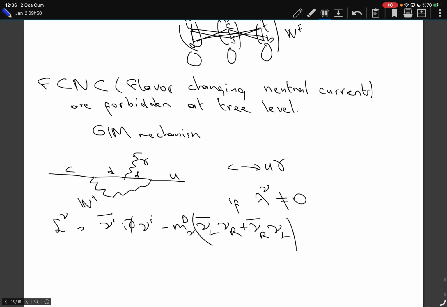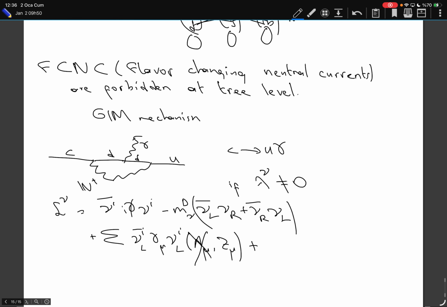Again, the interactions will be diagonal. They are neutral, so they don't interact electromagnetically. They interact through Z. Of course, these are the left-handed components only.